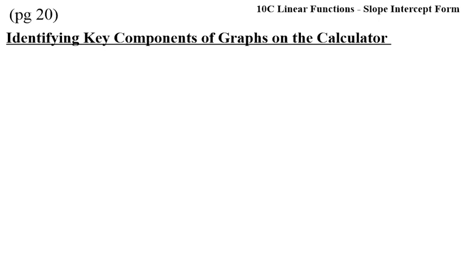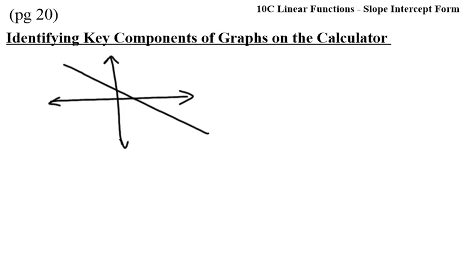Let's keep going from there. Now, with that being said, there's other things that we can do on the calculator. What are the key components of the graph? We've just looked at graphs like crazy. What's important about the line are intercepts.